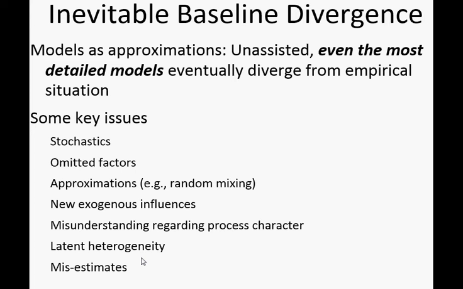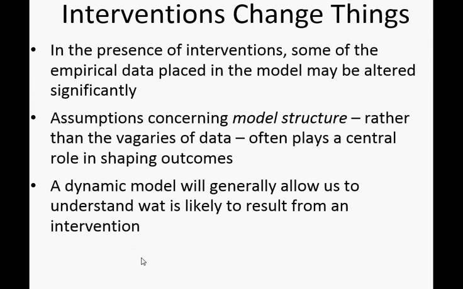There will be factors omitted from the model because all models are simplifications, and there will be approximations in models, which are often cruder in an aggregate model, but even in the most refined individual-based model, ultimately are approximations. We characterize people's decision-making behaviors in ways that probably 100 years from now, 200 years from now, will be considered sort of shockingly naive. And for all these reasons, models will inevitably diverge.